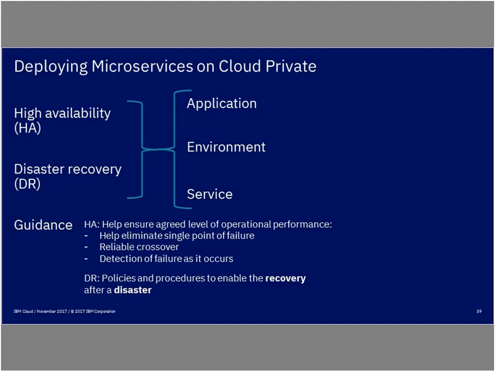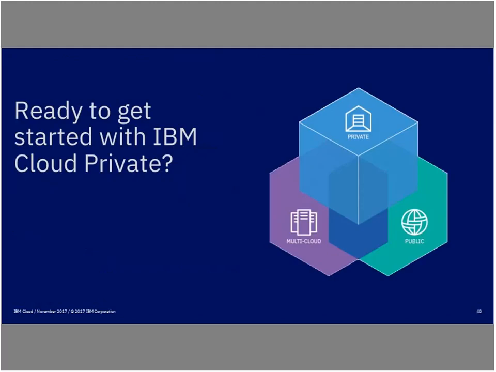So please, DR is a key component. It's not inherent in HA, which a lot of people have made the mistake of considering. So please look at some of that.